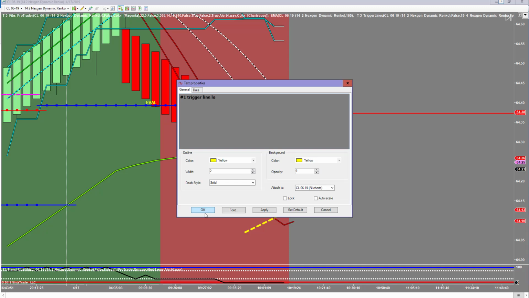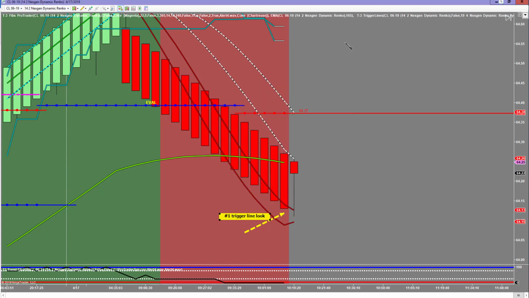The number 1 trigger line look says that all 3 triggers are crossed down. So this trigger's crossed down, this trigger's crossed down, and this trigger line is crossed down. And when we get the number 1 look, what we're looking for is some type of retracement back to resistance to go short.